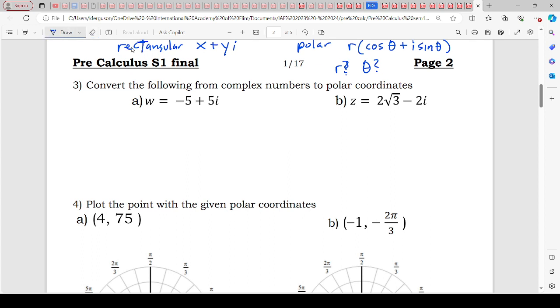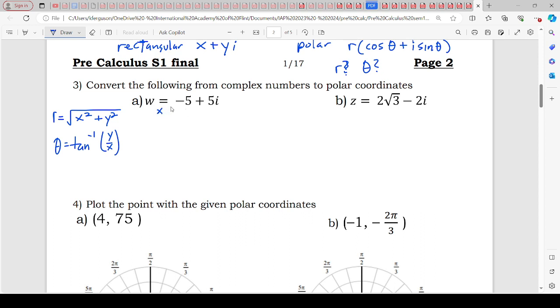So r equals the square root of x squared plus y squared, and theta is the inverse tangent of y over x. So let's see, I need to figure out r.